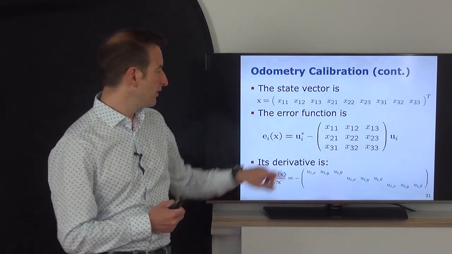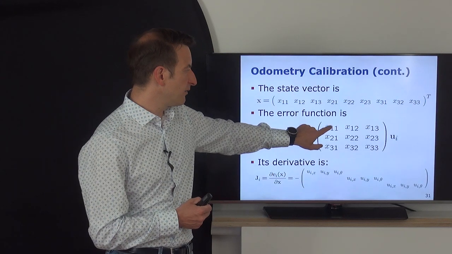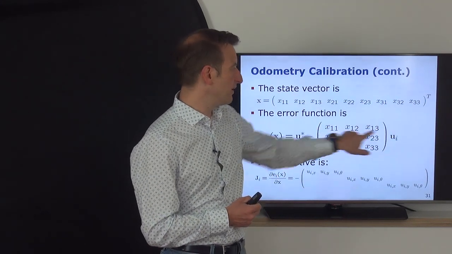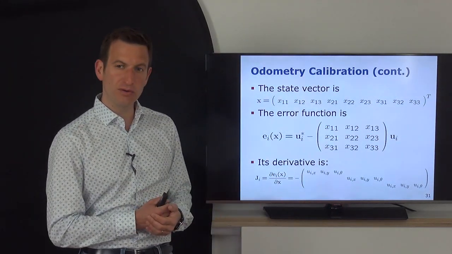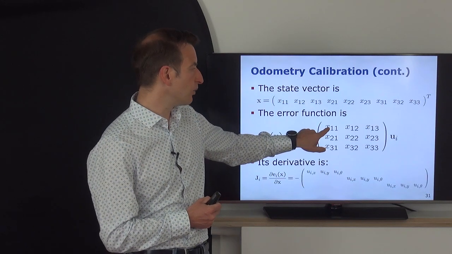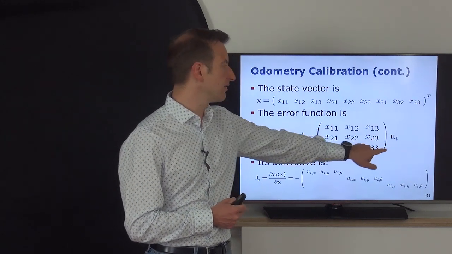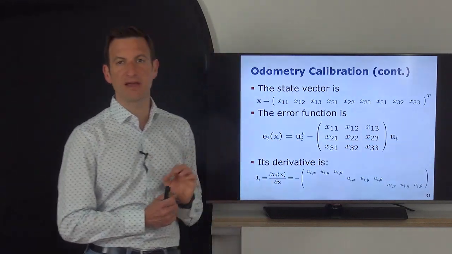So if I compute the first derivative, for example, with respect to x11, this term is constant. This term over here will be multiplied with the first element of this vector, so ui x, the first component, and this is a linear multiplication with this x11. Then the second dimension is with this one, and the third dimension with this one, but they're all independent of x11.